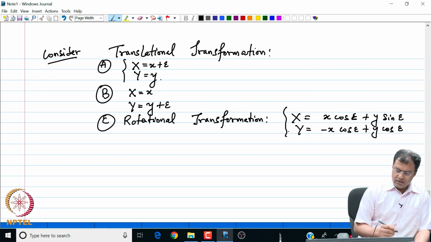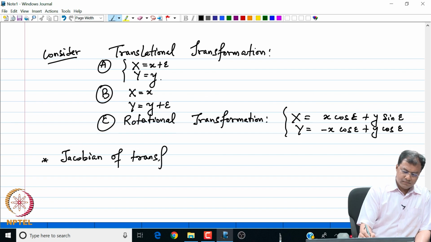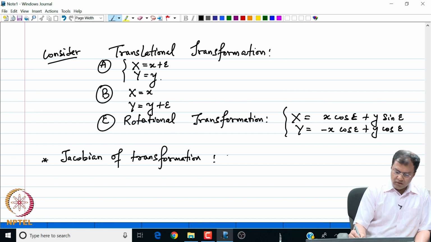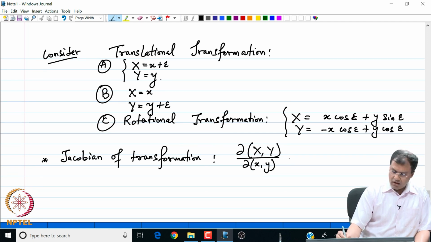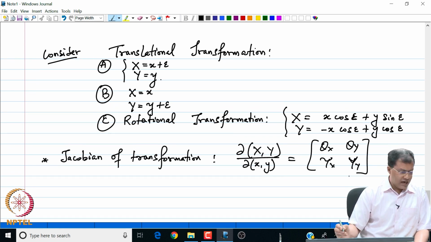Let me also introduce the concept of the Jacobian of the transformation, which is given by partial of X, Y with respect to x, y. This is also equal to the matrix, the way we have described the transformation, theta x, theta y, psi x, psi y, right.